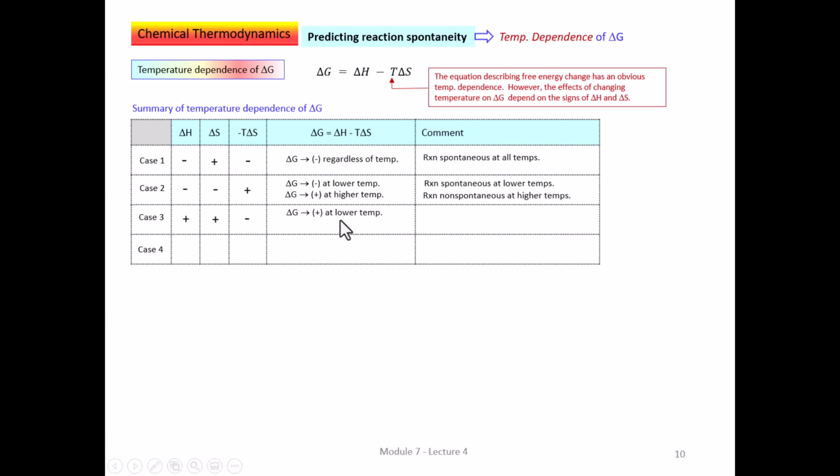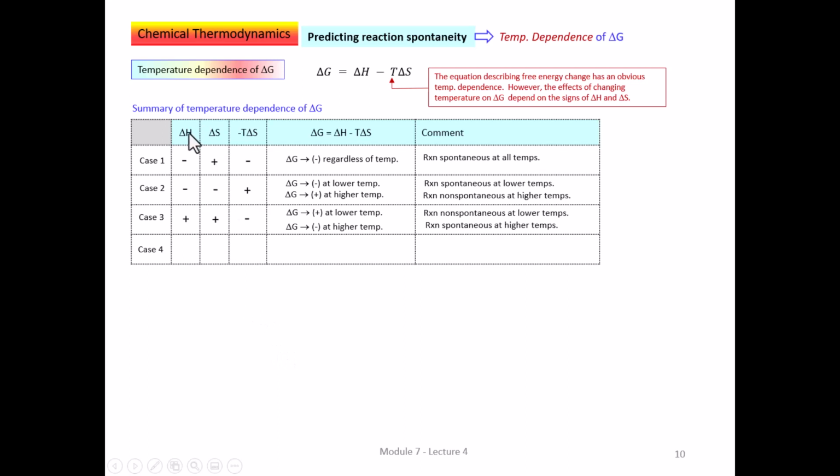So at low temperatures, the reaction could be non-spontaneous. Delta G would be positive. But if T gets large enough, the effect of this minus T delta S term becomes more influential, and so delta G could become negative at the higher temperature. So we say in this case, case 3, the reaction would be non-spontaneous at lower temperatures, but it would become spontaneous at higher temperatures.